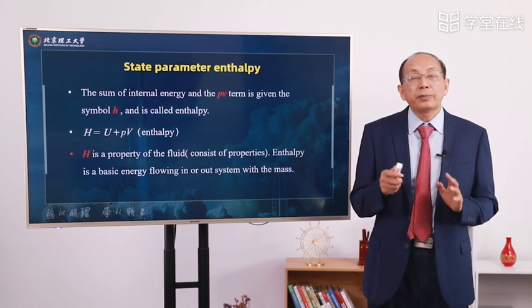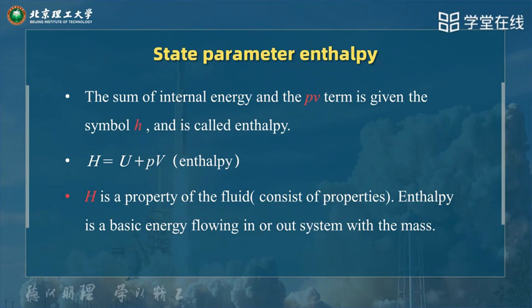Okay, last page we have learned H equals U plus PV. We think this parameter is an enthalpy. Enthalpy is the sum of internal energy and the PV term. H equals U plus PV.